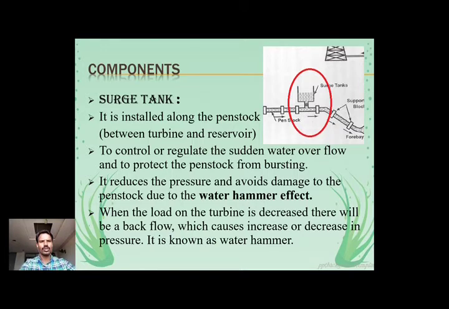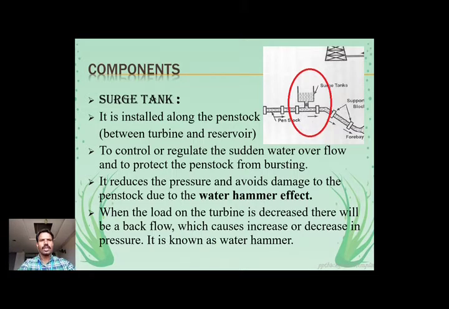It is possible to be asked for 2 marks. When the load on the turbine decreases, we reduce or stop the water flow. It is possible to have backflow, which creates an increase or decrease in pressure and can damage the turbine plate. This is called water hammer.